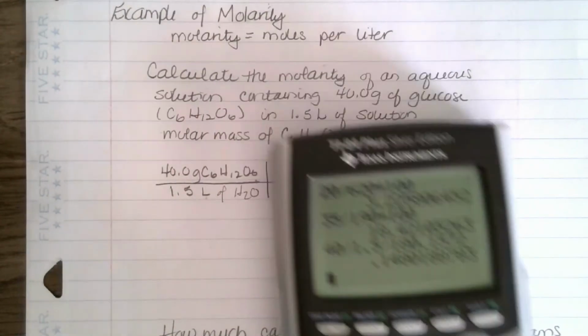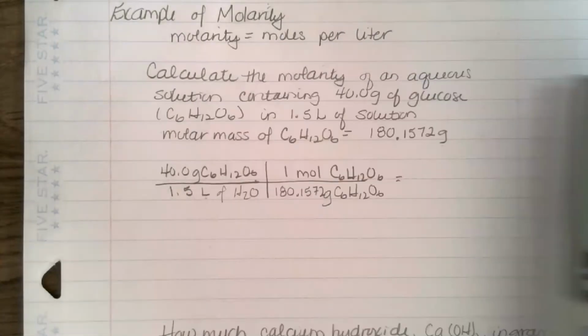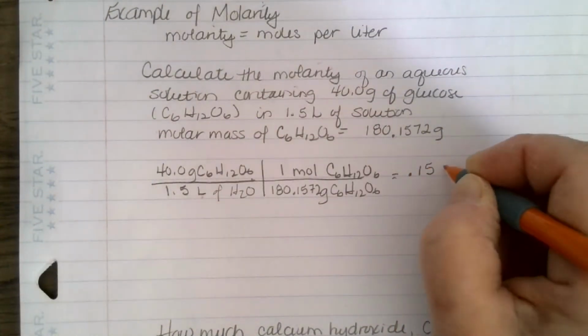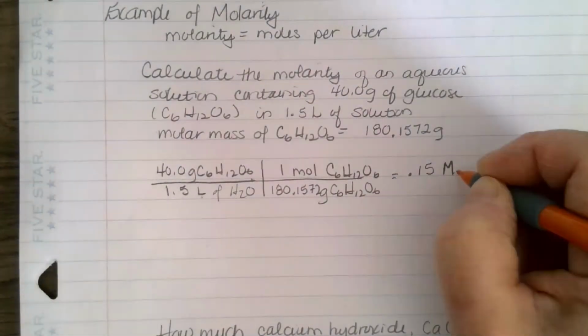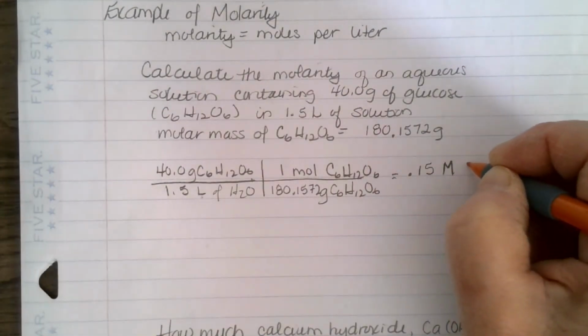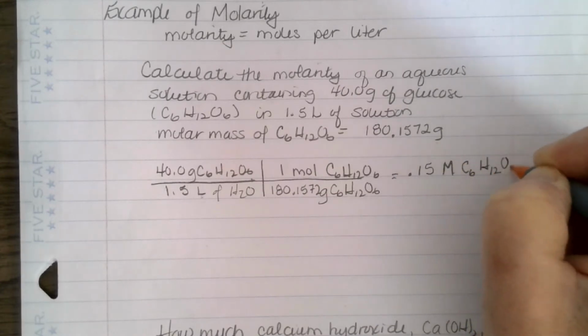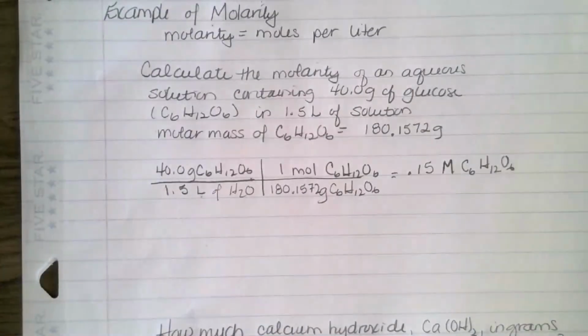Considering there's only 2 significant digits for my answer, it's going to be 0.15 molar. We use a big M for that, molar of glucose solution. I'm sure you recall seeing this symbol somewhere on previous labs.